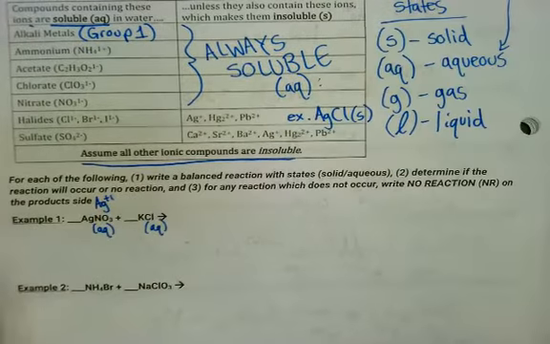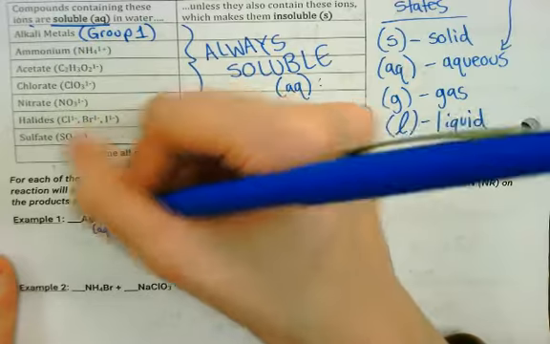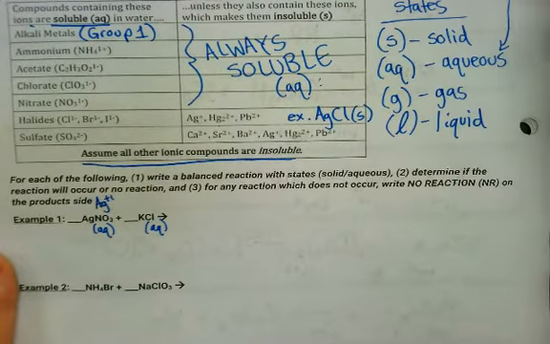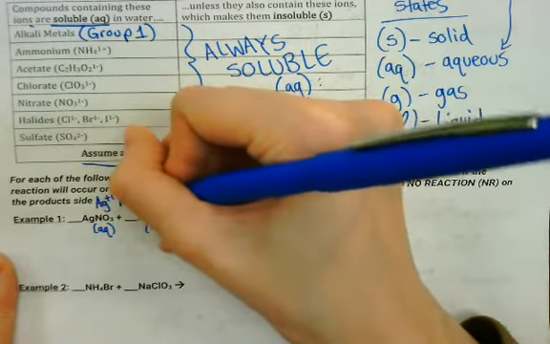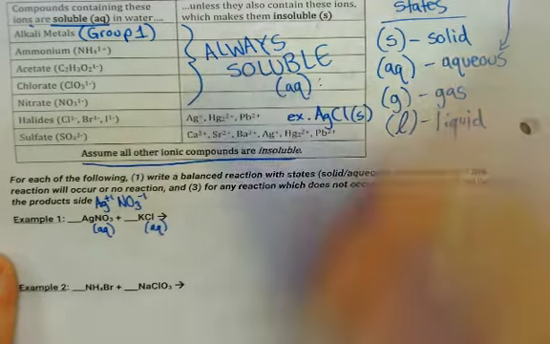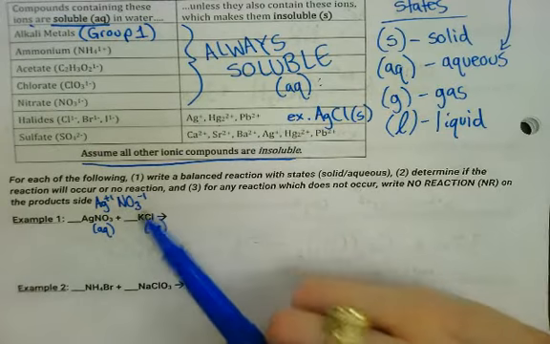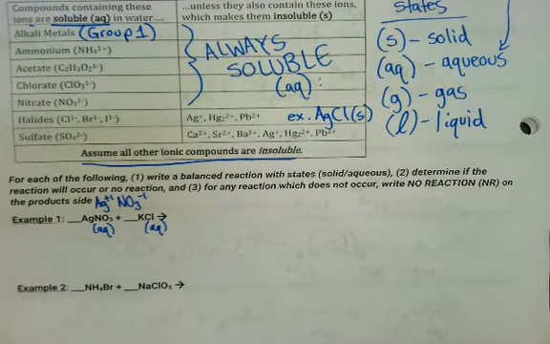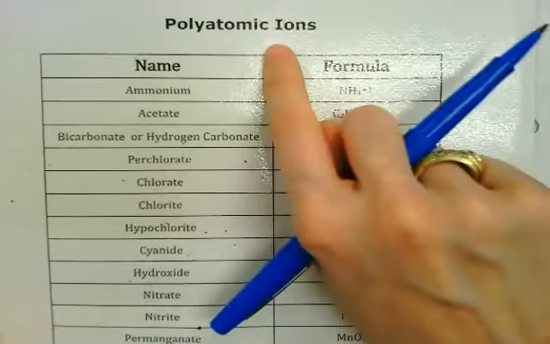So I have this silver +1 that would be floating around if I dropped this silver nitrate into some water, if I had a solution of silver nitrate. My nitrate is going to have a charge of -1. And remember, if you need to look up your charges for your polyatomic ions, just go to the back of your periodic table.